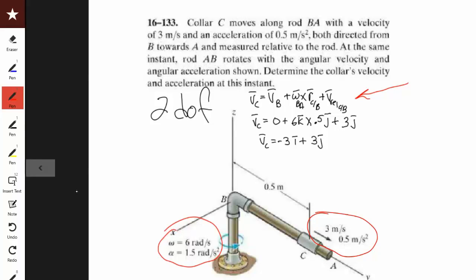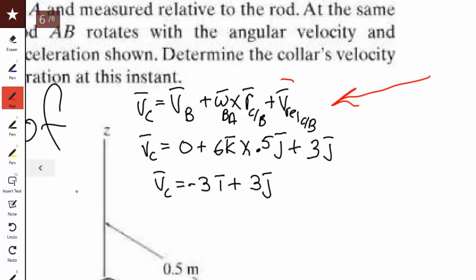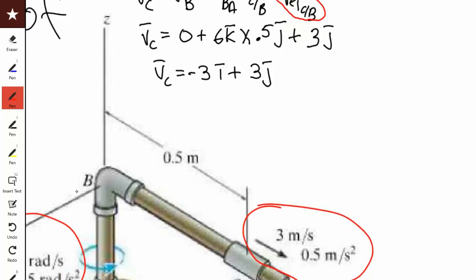So you have this one equation, which is the velocity between C and B, and the term that's kind of unique in this case is this relative term right here. So the other terms you're probably familiar with. Velocity of C equals velocity of B plus omega cross R. The omega is the omega of the body they share, which is in this case the pipe.